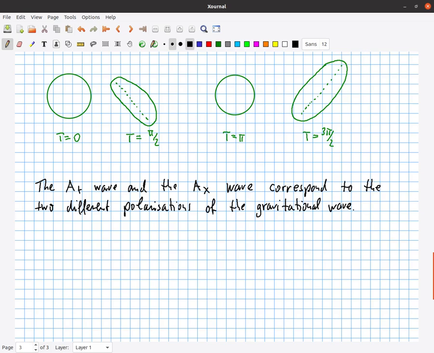This is similar to electromagnetism, where you also have an electromagnetic wave and it has two polarizations. The difference is that here they are related by a pi over 4 or 45-degree rotation.